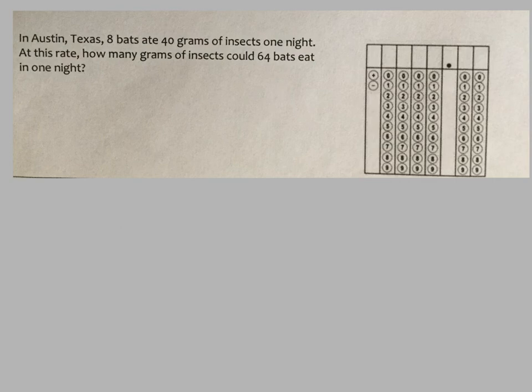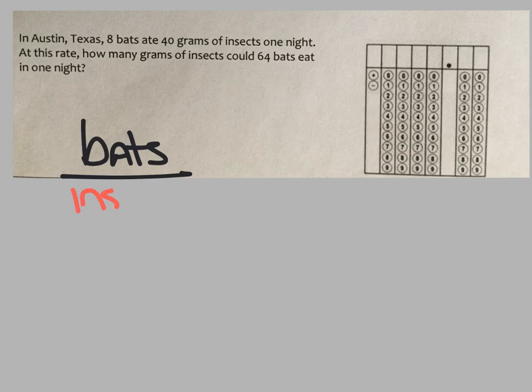In Austin, Texas, 8 bats ate 40 grams of insects one night. At this rate, how many grams of insects could 64 bats eat in one night? So if we're trying to make a prediction, we're going to use a ratio between the bats and the insects, right?